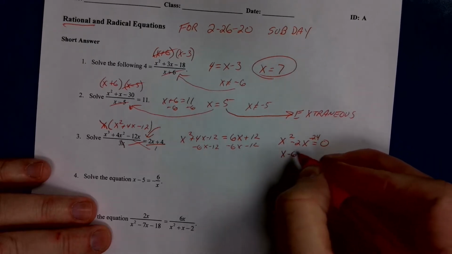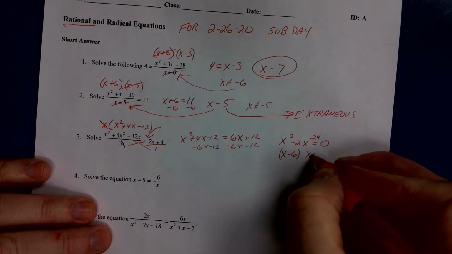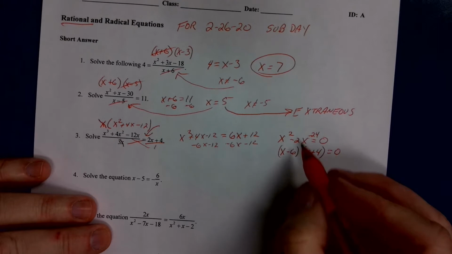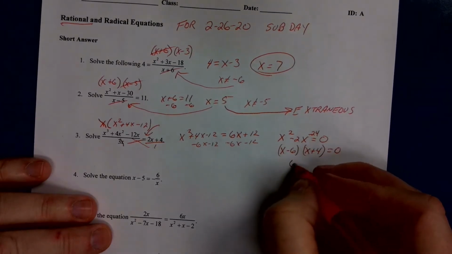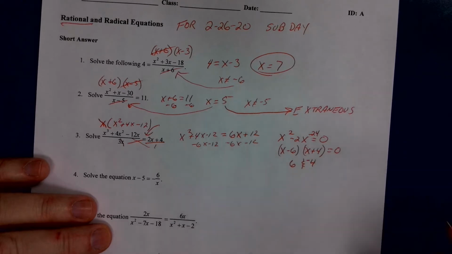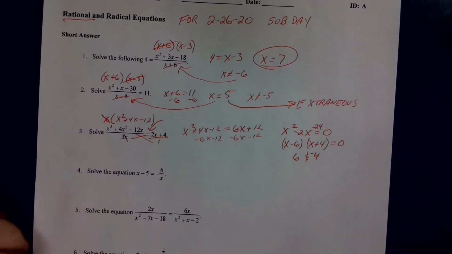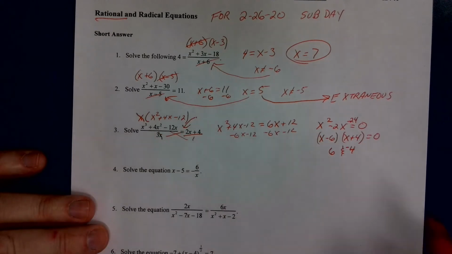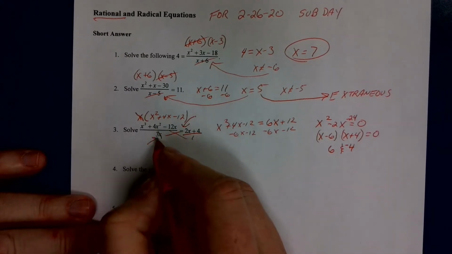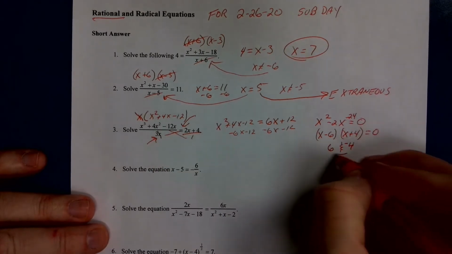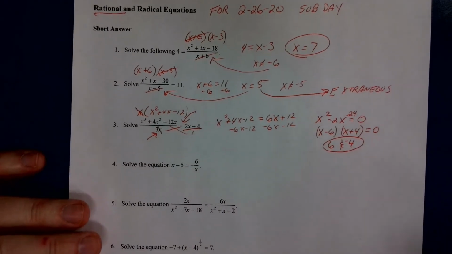So I get x minus 6 and x plus 4 equals 0. And if I'm solving that quadratic, then it means that 6 and negative 4 happen to be my solutions. Okay, so 6 and negative 4. You could try them back in the original problem and see if they work. We know that domain-wise, 0 is the only thing that I'd have an issue with. So 6 and negative 4 probably both work.